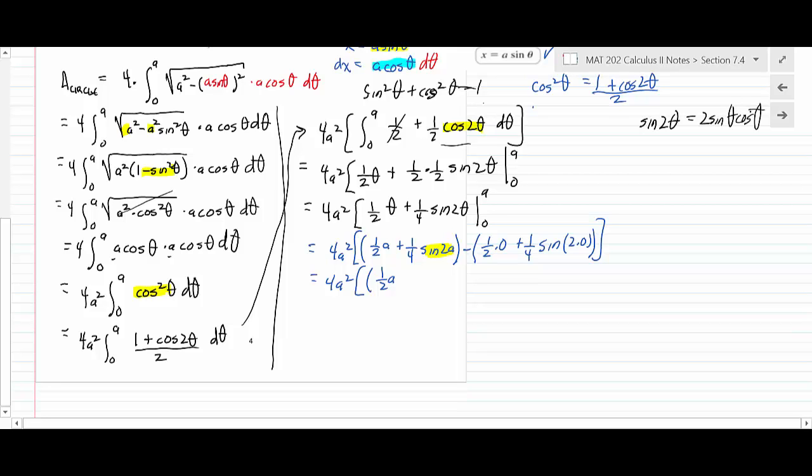That identity shows up quite a bit. We're going to substitute that in and see what happens. So I'm going to change that to 1/4 times 2 sine a cosine a. I want to work with that a little bit.